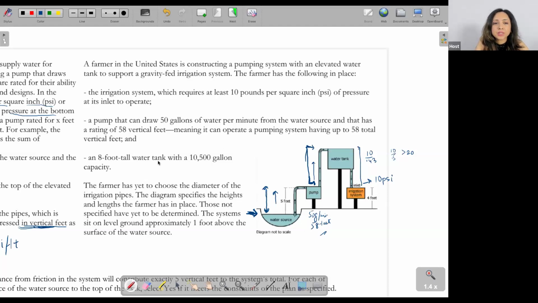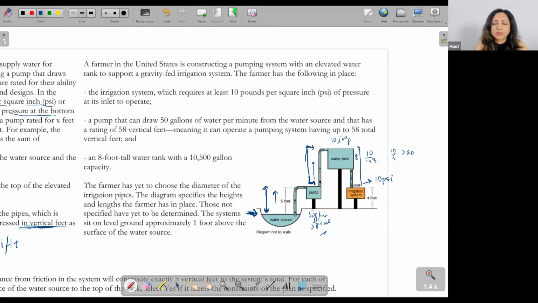Now, an 8-foot tall water tank with 10,500 gallons capacity. So this is 8. Now I know that this particular height is 8, right? 8 feet tall water tank, and it has capacity of 10,500 gallons. Fine. Now, the farmer has yet to choose the diameter of the irrigation pipe.